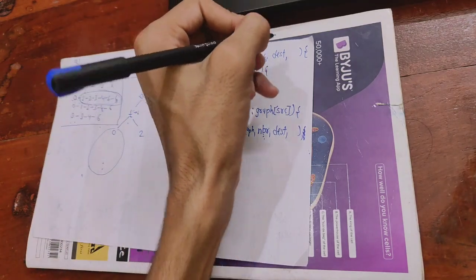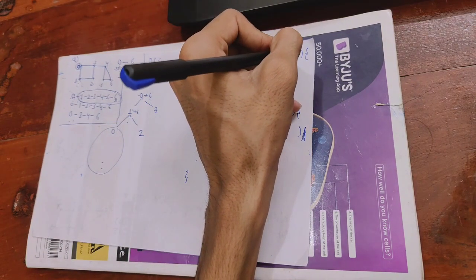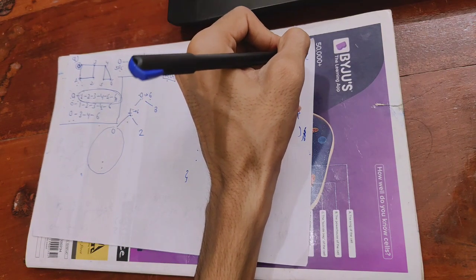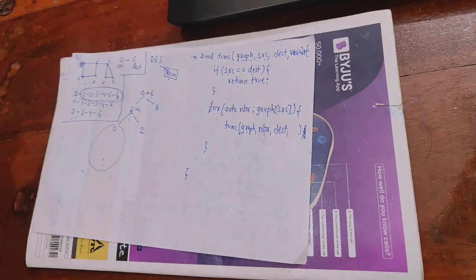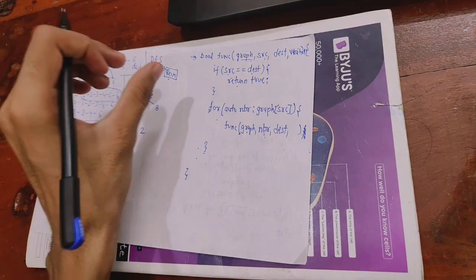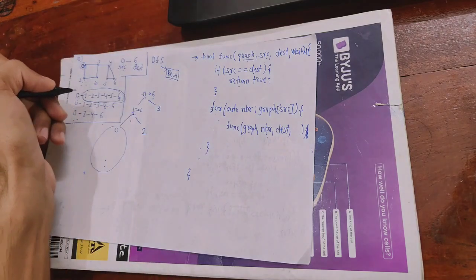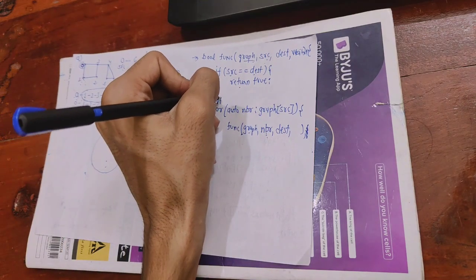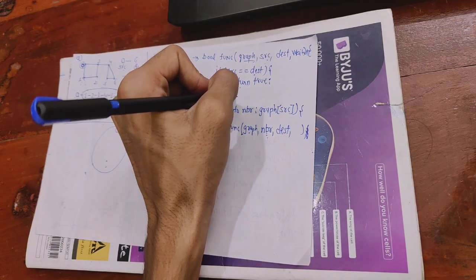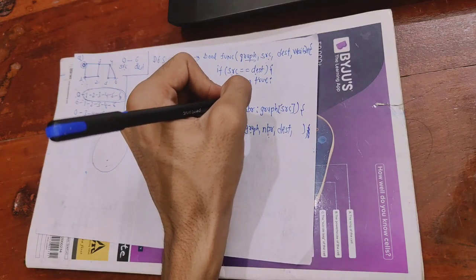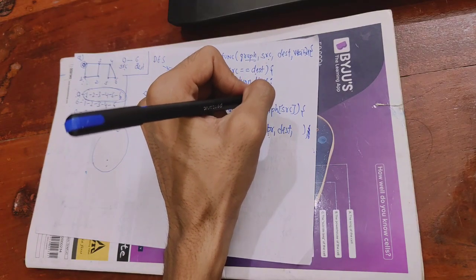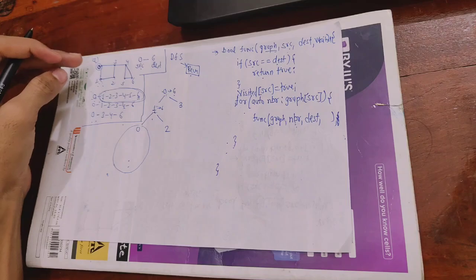So we have to maintain a visited vector where initially all the entries are set as false, and as we are moving forward from source to node, we will make it true. Why true? Because we don't want it to go to the same node again.